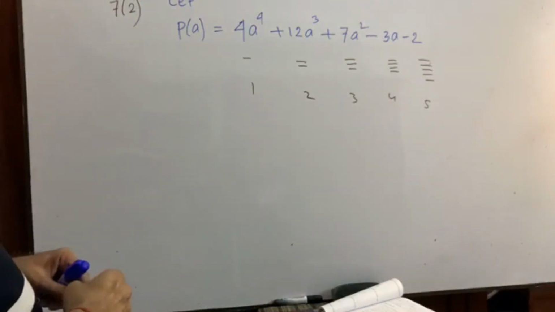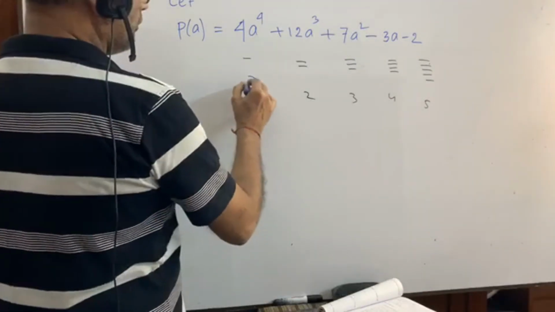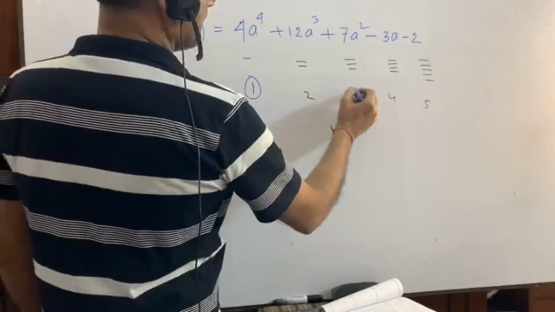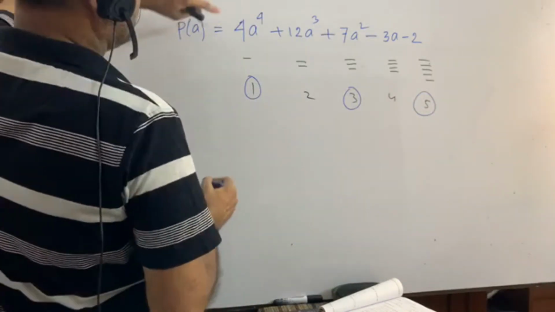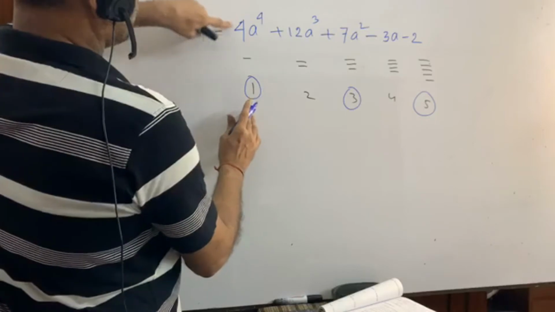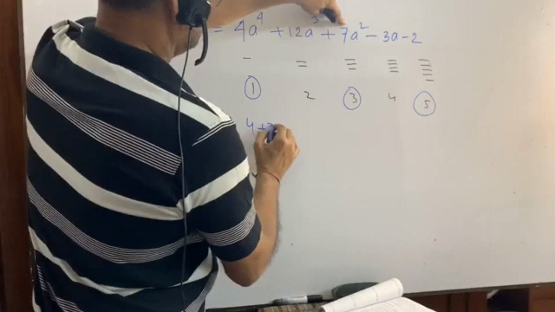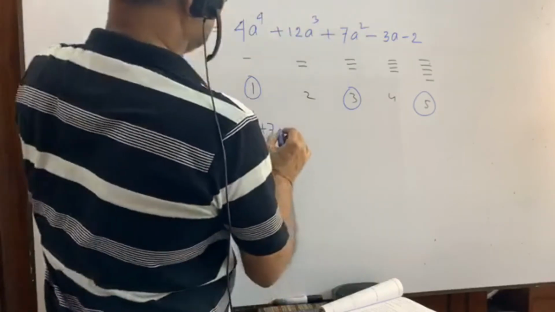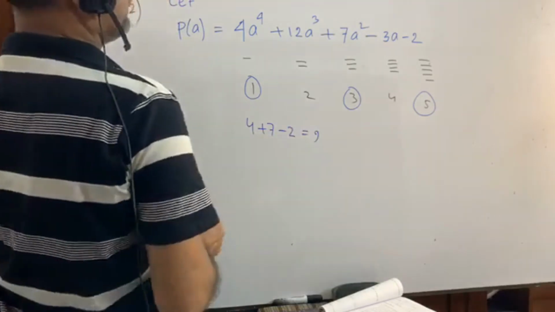What I told you, my dear students, you see, this is the odd number, odd number, odd number, okay. So these odd numbers will be added. That means here it is 4. Here it is 7. And this is minus 2. Equals to what? 9. I think you have got me.